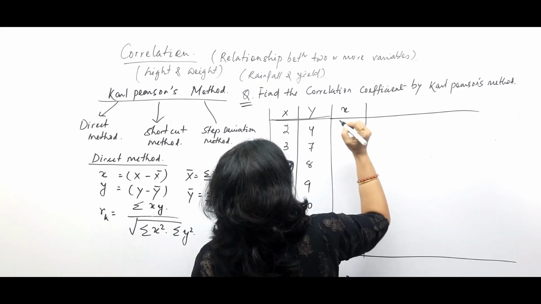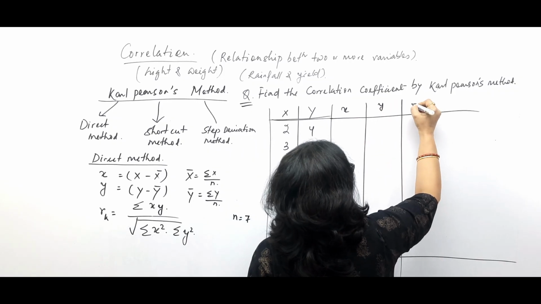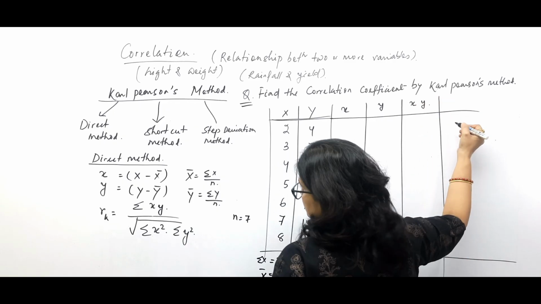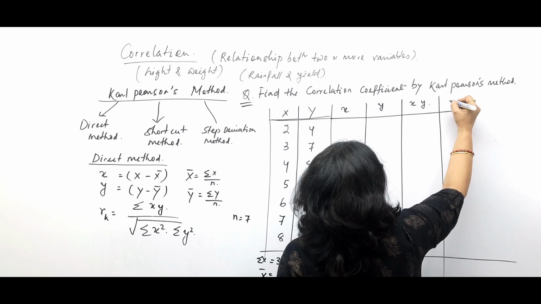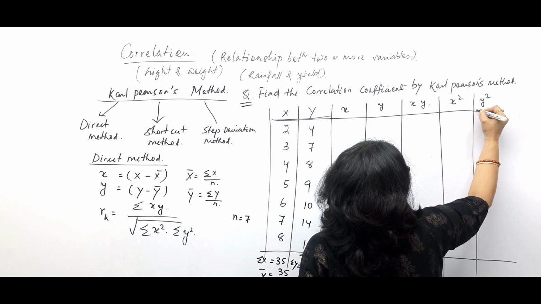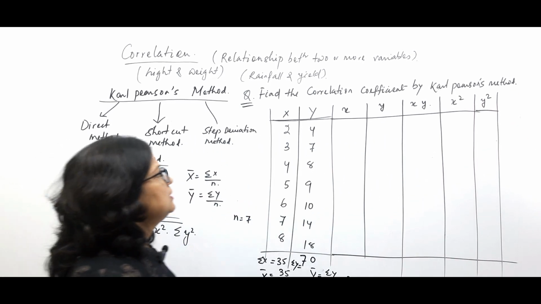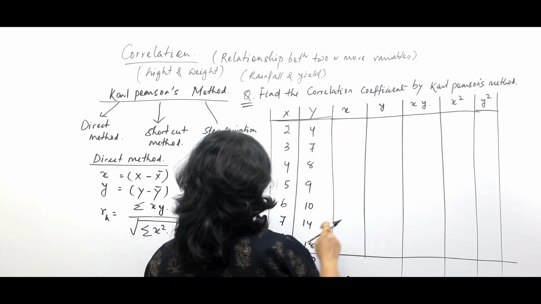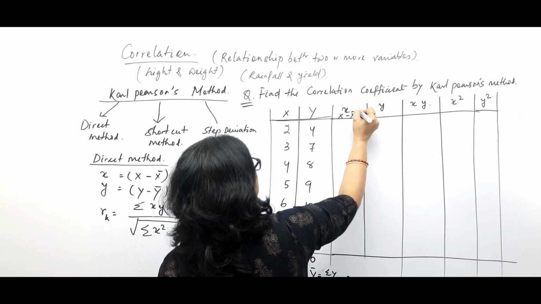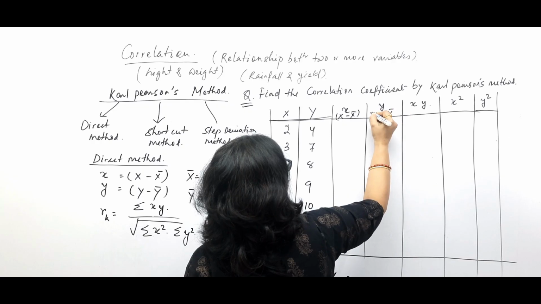This is small x, small y, then x into y, then x square and y square. Small x is x minus x bar, small y equals y minus y bar.